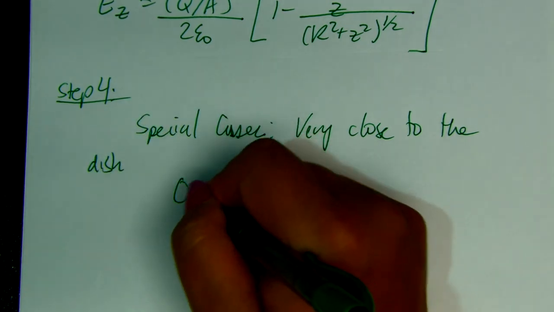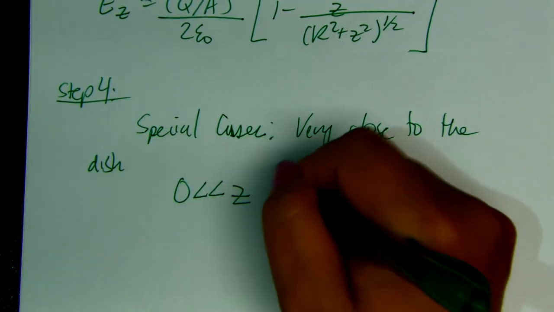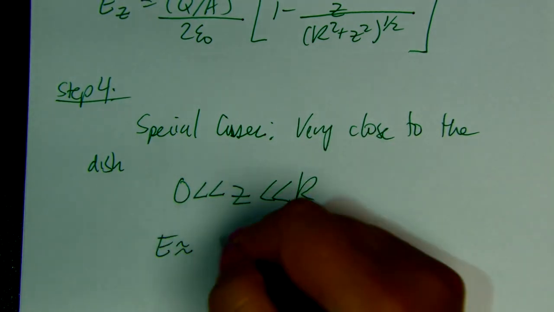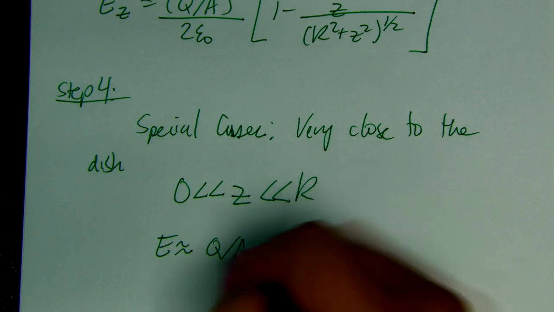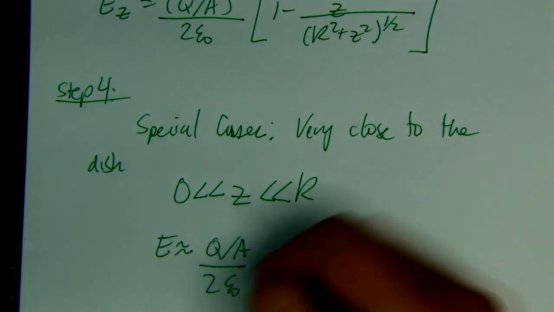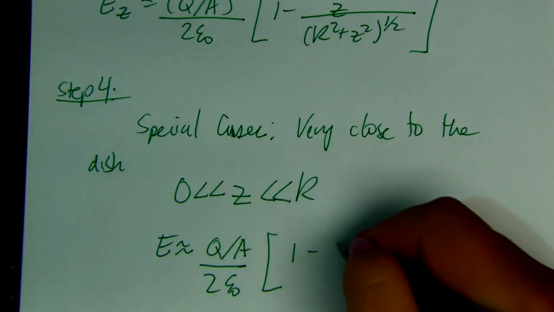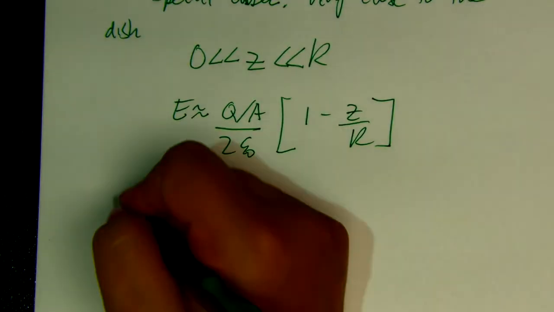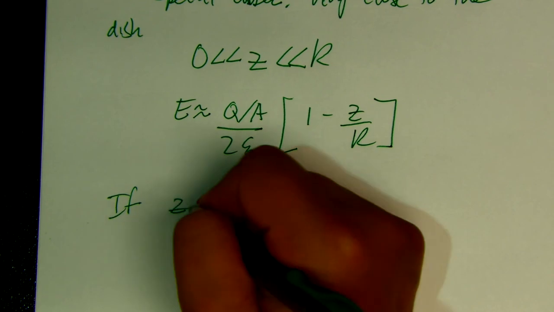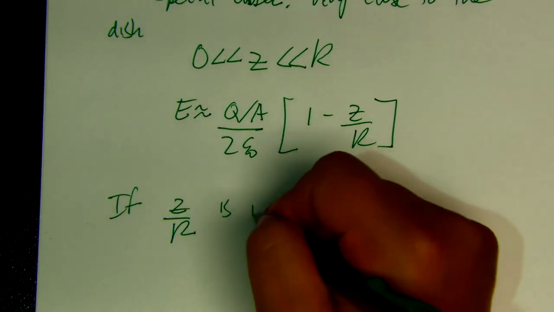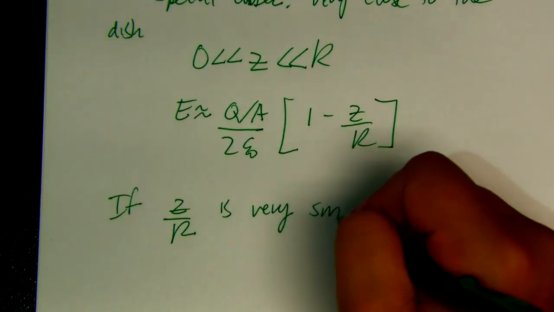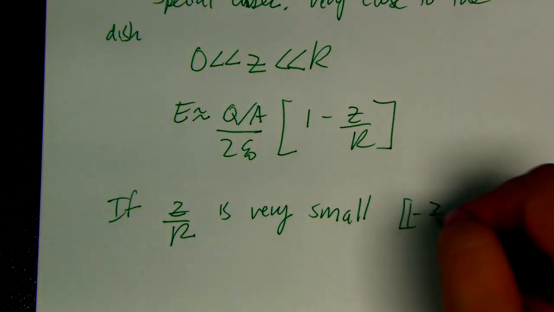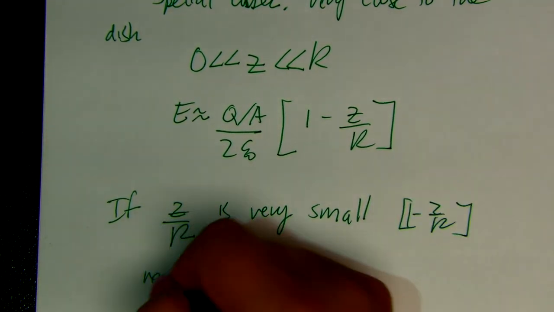So Z is much smaller than R. In this case, our electric field becomes approximately Q over A divided by 2 epsilon naught, times 1 minus Z over R. And then we should look at if Z over R is very small, then 1 minus Z over R reduces to 1.